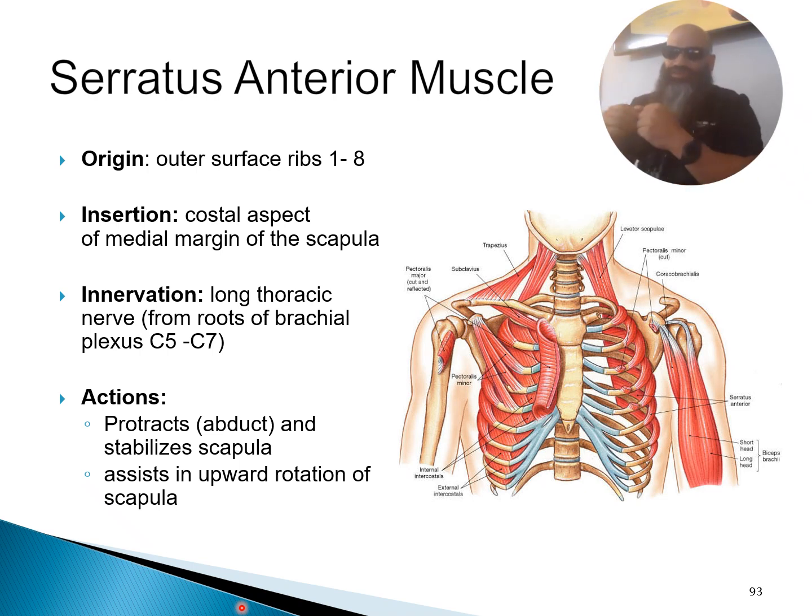That should help you guys. How is it doing that? The insertion is the medial margin of the scapula, which is facing your spine, so that's where it's pulling. You see how it's making sense now?